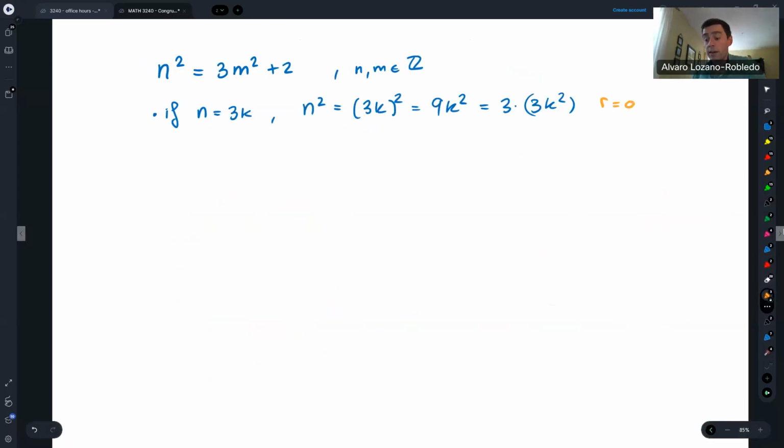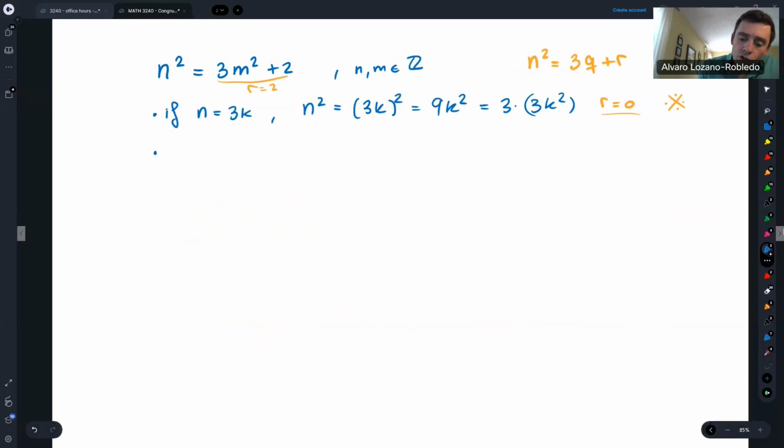That's what I indicate there with r, my remainder when I divide by 3. So n squared is going to be some 3q plus r. On one hand, I have that the remainder has to be 2 if this was true. But if n is a multiple of 3, then the remainder of n squared would be 0. So that is impossible, and n cannot be of the form 3k.